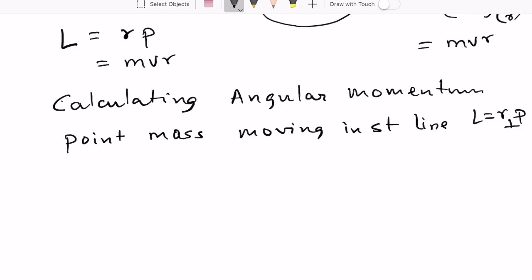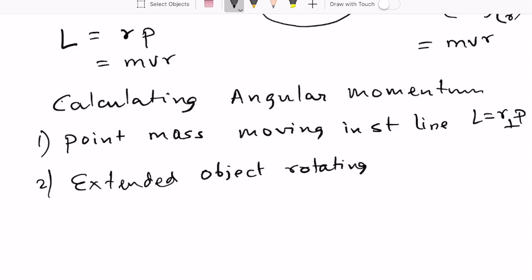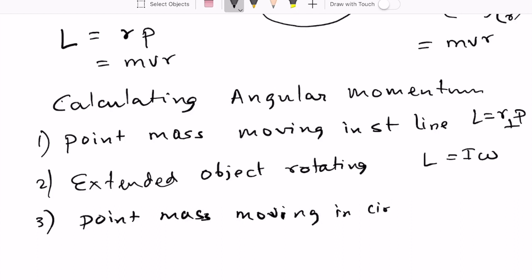And if you have an extended object rotating about a symmetry axis, then you use L is equal to I omega. And if you have a point mass moving in a circle, then you can use either one. You get the same answer.